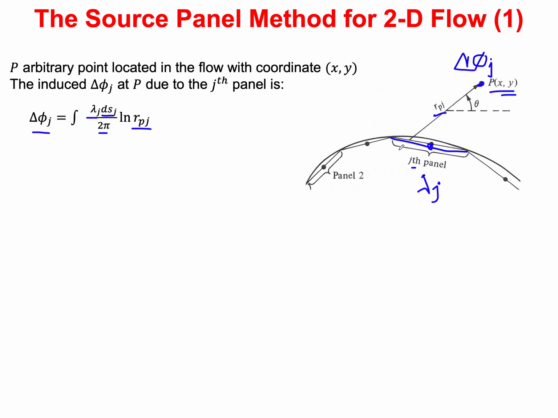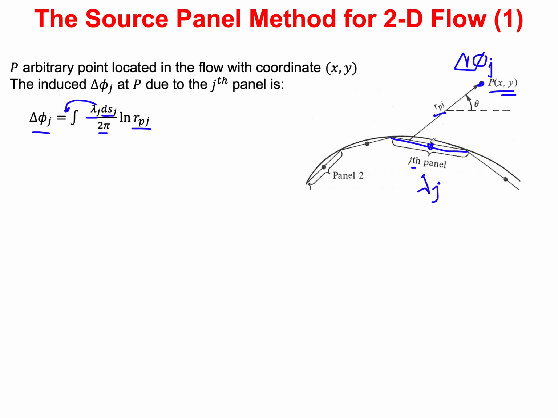the panel J. So let's move ahead, and as we've said that the lambda is constant, it doesn't vary over ds, so I can just actually take it outside the integral. So I don't have to do the integral because lambda is constant.